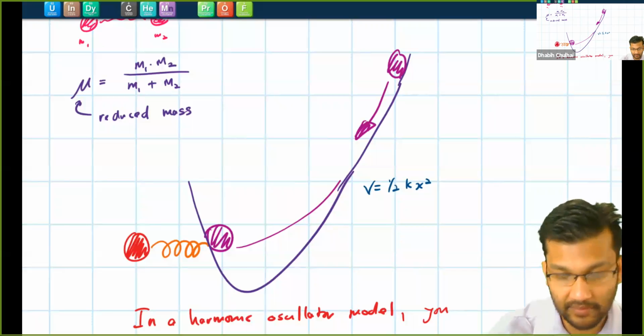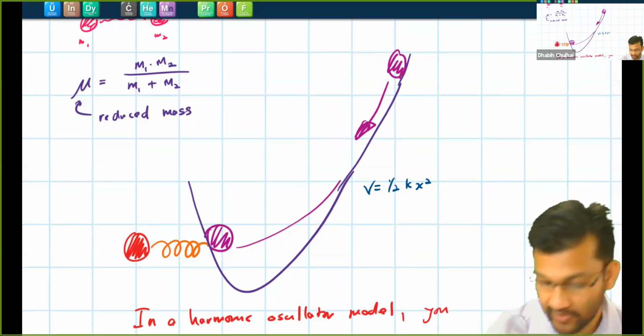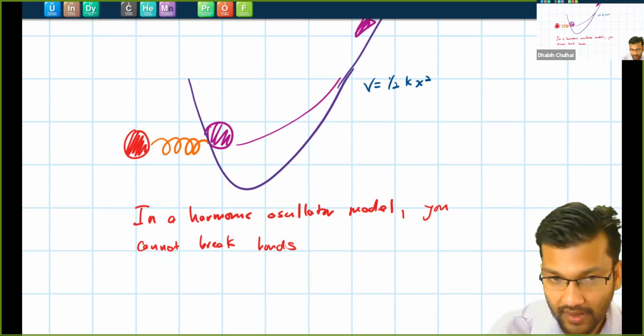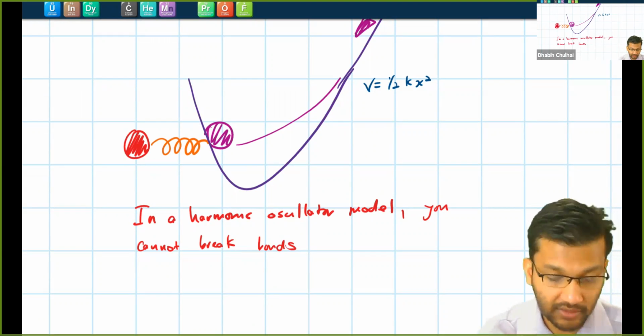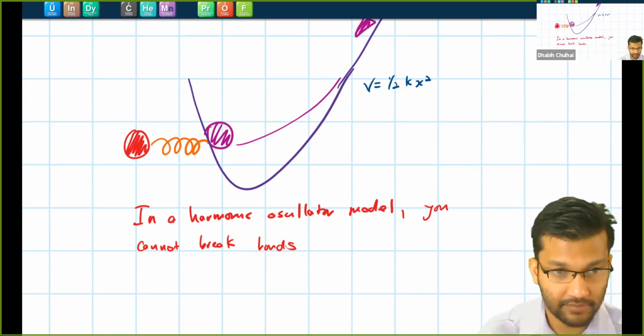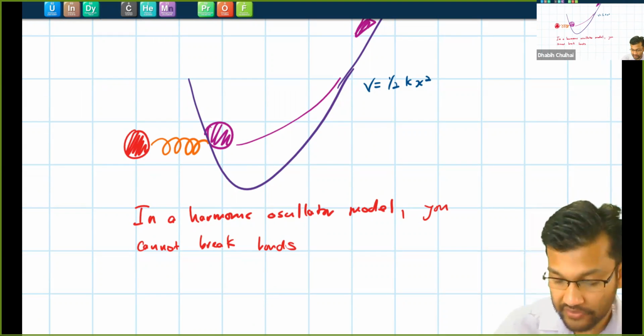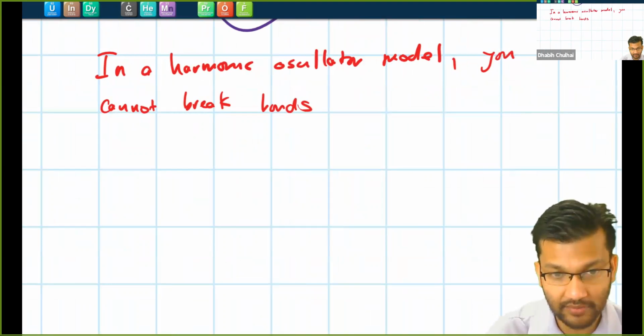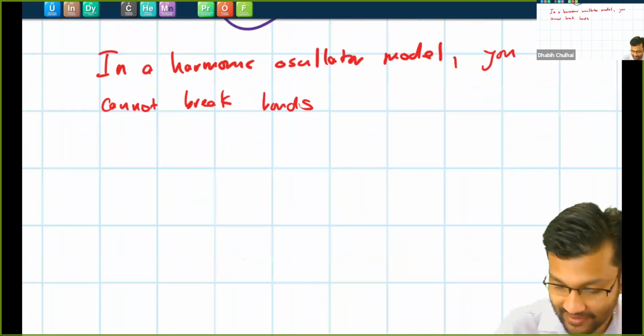The potential is such that it'll always roll back to where it started from. So while it's a good model to understand how molecules vibrate, it's still flawed in that you can't break bonds. And that's a big issue because a lot of chemistry depends on breaking bonds.